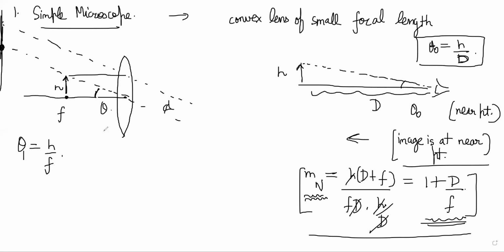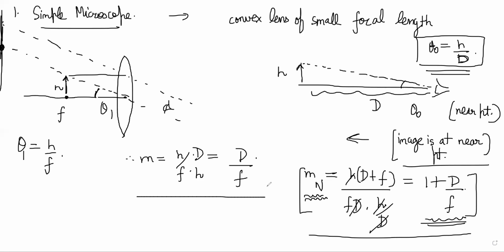Theta 1 is h by f, and original was h by d. So therefore, the magnification in that case would be h by f divided by h by d, or simply d by f. So this is the magnification when you are looking at it in a relaxed state, far point, the image is at infinity.